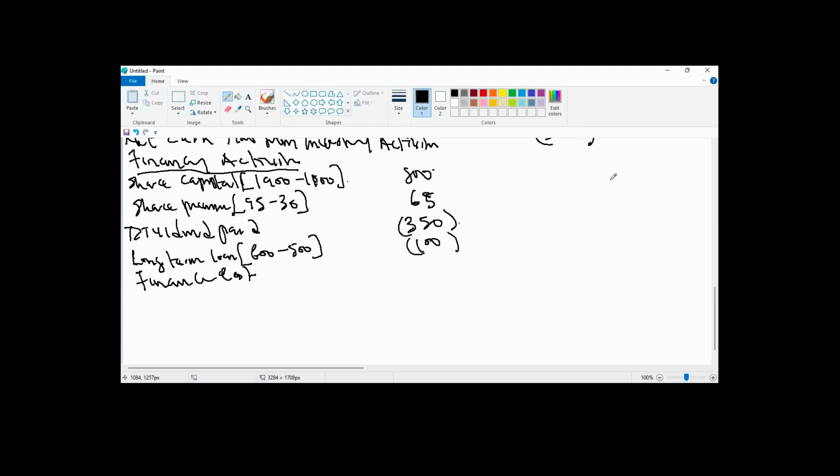Finance cost. Let's go and do the working then.